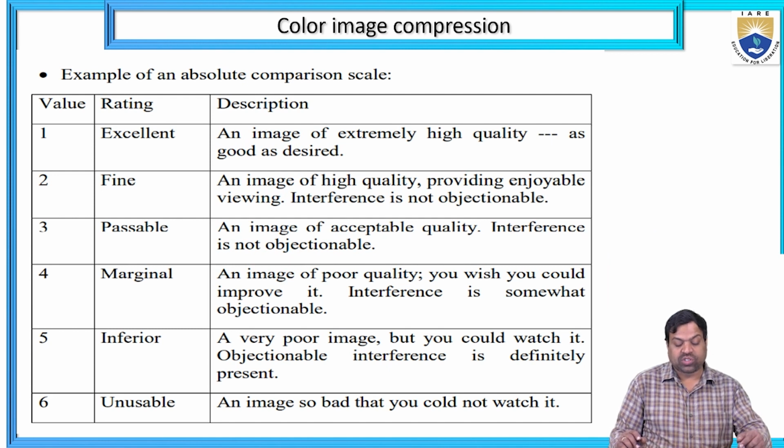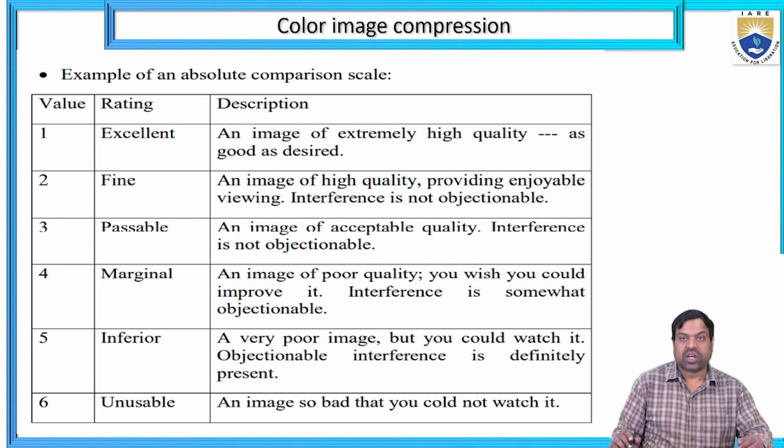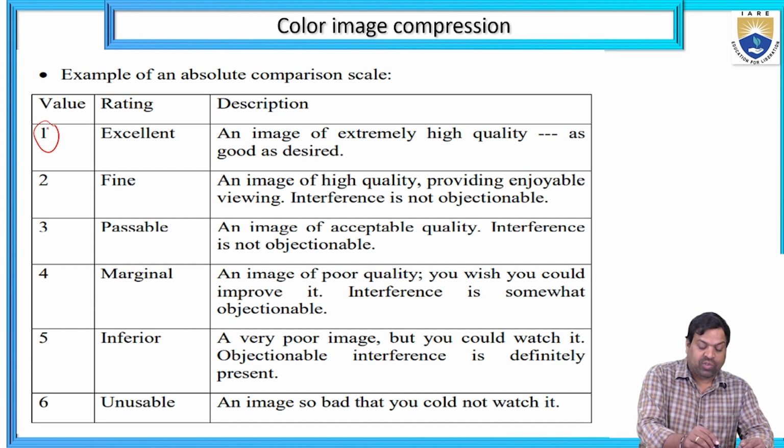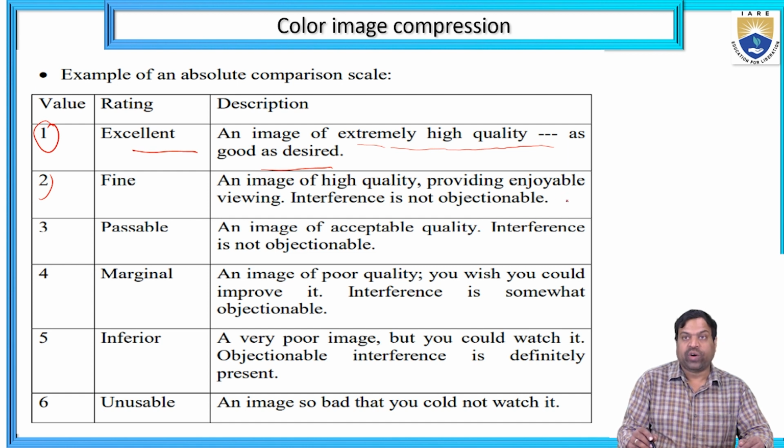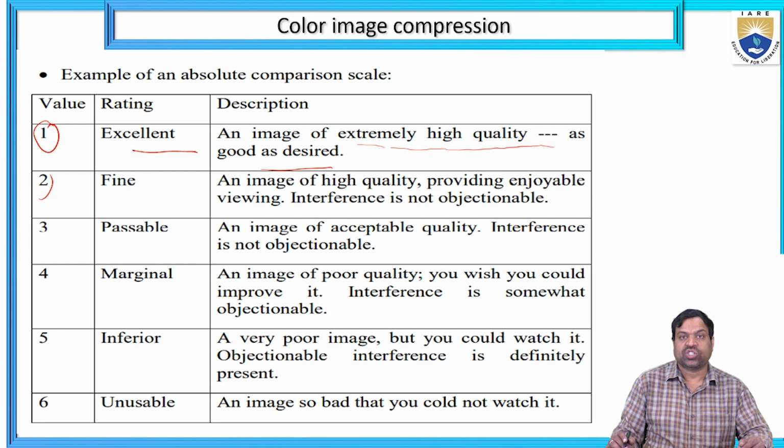Now the examples of an absolute comparison scale. Suppose I take the value equal to 1: it is excellent, an image of extremely high quality, as good as desired. If the value is 2, the rating is fine: an image of high quality providing enjoyable viewing, where interference is not objectionable.